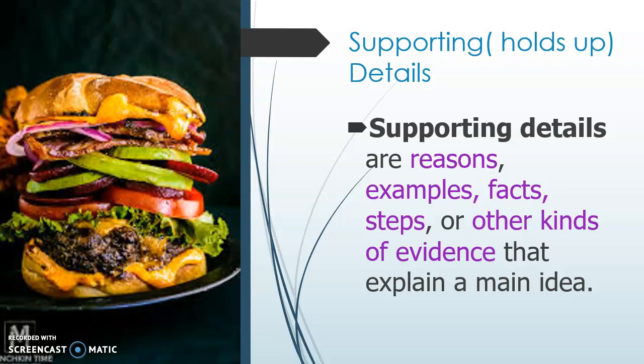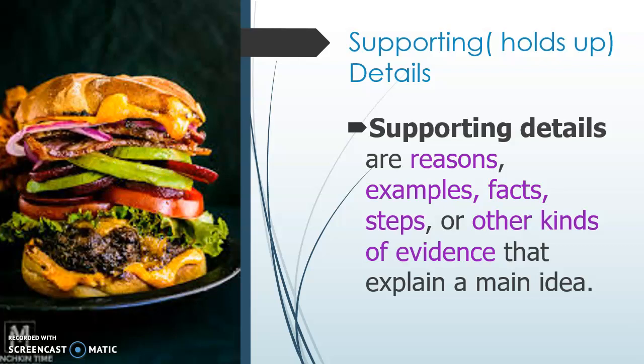You got to have a top bun, which is the topic sentence, and then everything in between right here. These are details. This is information about the topic sentence. And then the bottom bun is the concluding sentence, which basically restates the topic sentence.